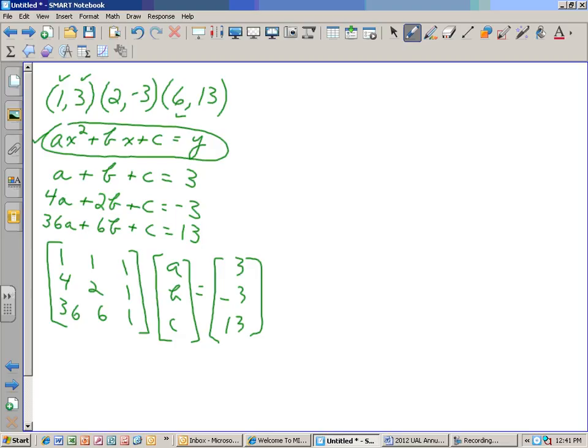Okay, we did this last chapter. We put this in our calculator in a matrix. We'll make a matrix A. We'll call the constant matrix, matrix B. And how do we solve it? Perfect. A inverse B.